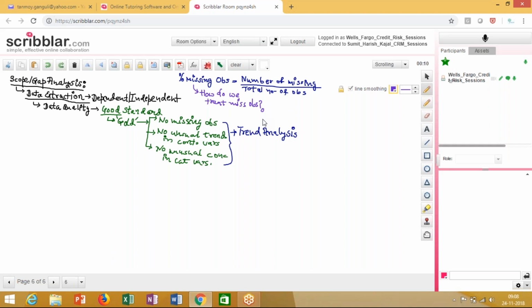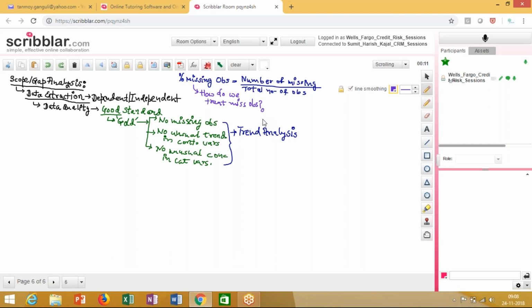What are the different reasons because of which a missing observation is noted? An observation is missing when an observation is not there. Now, what are the reasons why the observation can be missing?